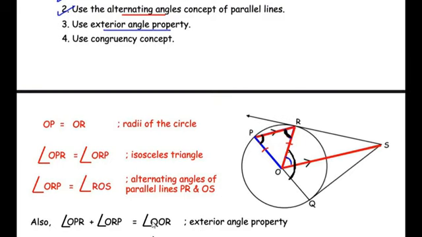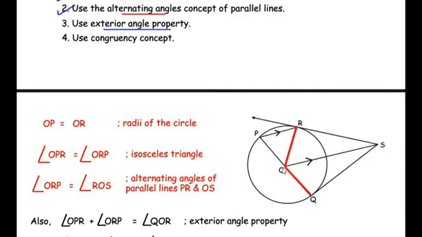Next, let us look at angle QOR. So let me highlight here. Now angle QOR is made up of two angles. As we can see, it can be broken up as angle QOS and angle ROS. That is, the total angle is broken down into two angles.